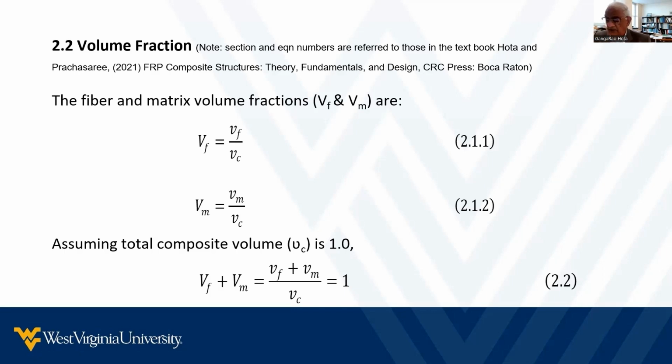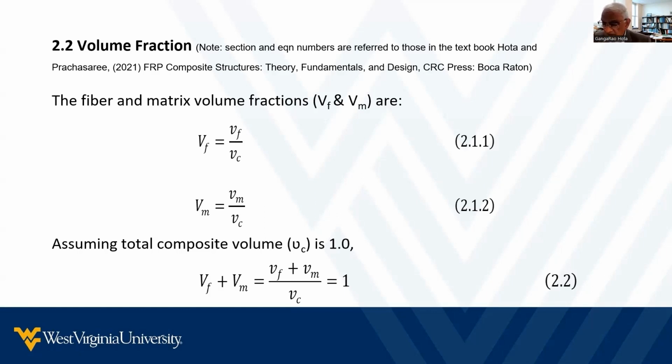Whereas lowercase vm, that's the matrix, divided by v sub c, that's the composite volume, that ratio is called matrix volume fraction. And these are identified in terms of equations 2.11, 2.12 from my textbook. I just want to keep it in line with that. So if you want to learn more about it, you can get into a lot of details in that textbook.